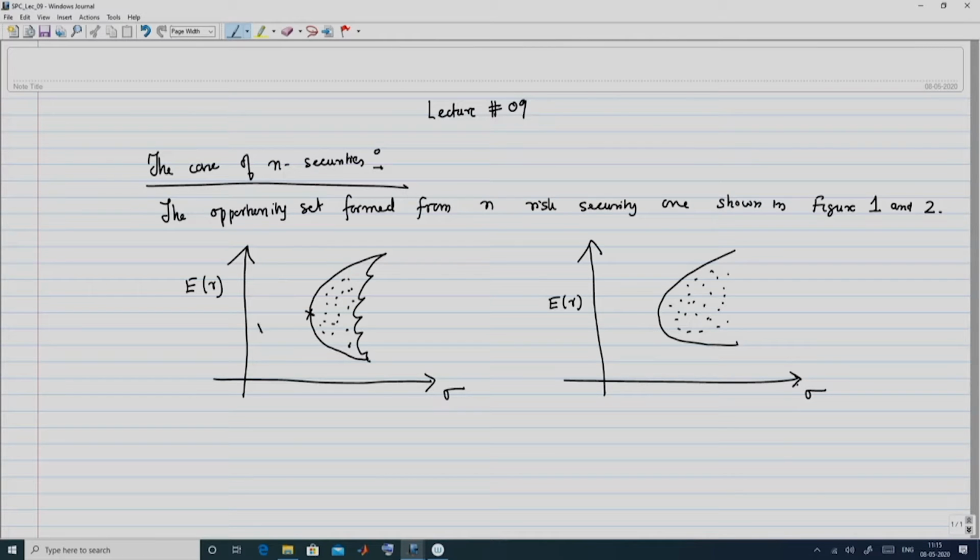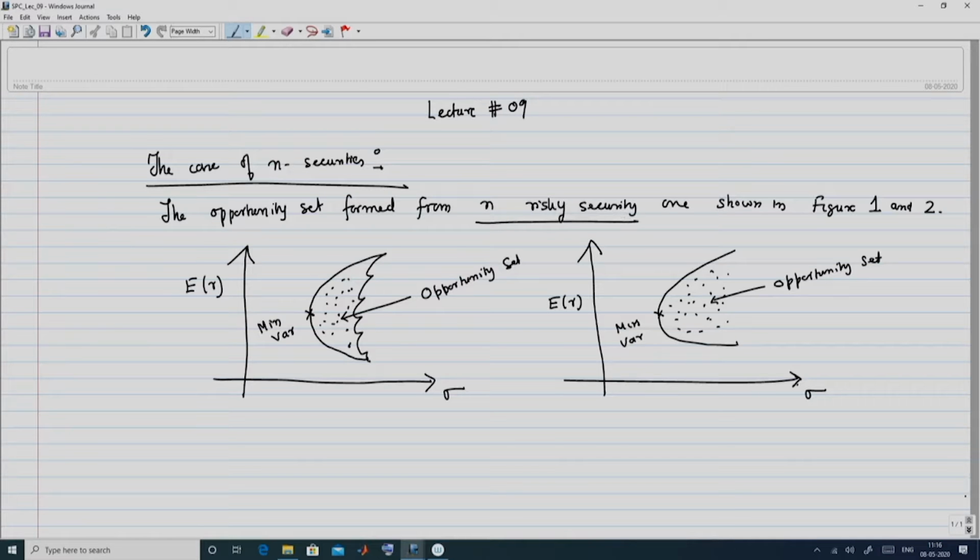So, here we have the minimum variance portfolio, and here we have the minimum variance portfolio, and this entire set is the opportunity set, and both of them are for n risky securities.